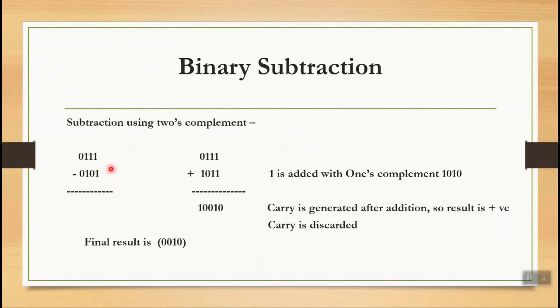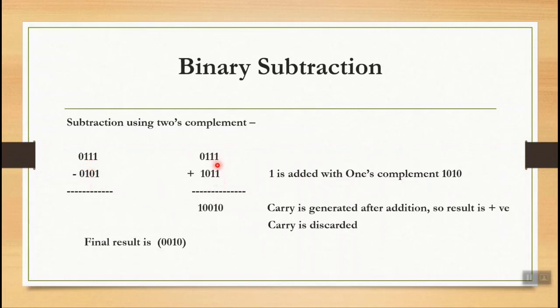Again we take the same numbers, 7 minus 5. 7 is written as it is, but this number is written in 2's complement. That means its 1's complement is 1 0 1 0. You add 1 to that 1's complement, so it has become 1 0 1 1. Okay, now add it. Instead of subtraction we are adding.